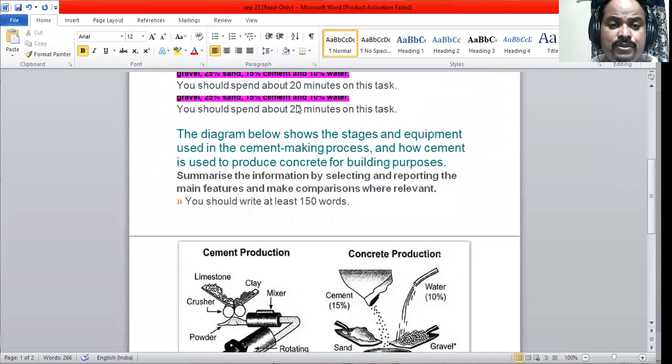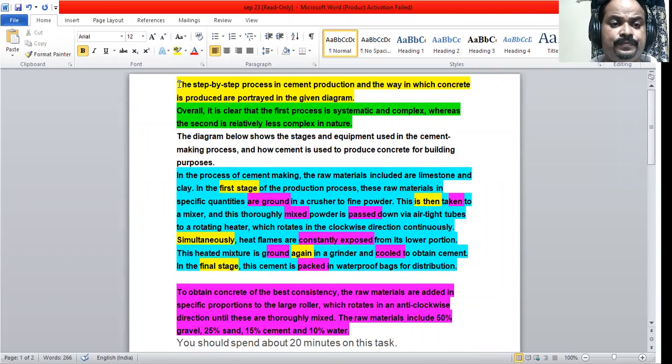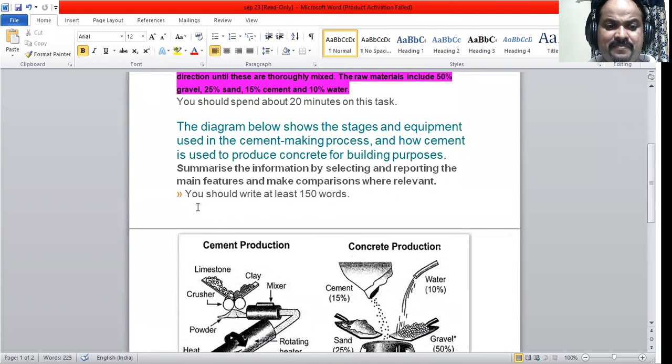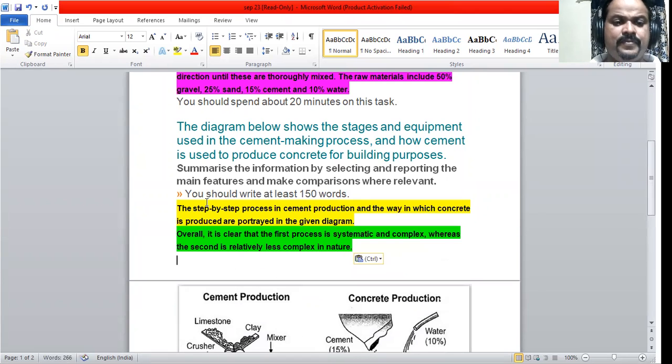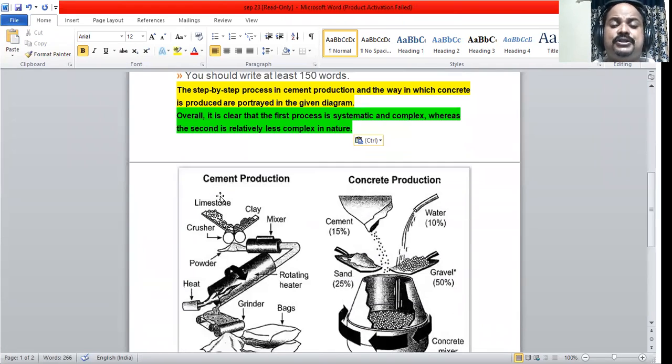Answer. Let's go with the introduction here and the overview. The step-by-step process in cement production and the way in which concrete is produced are portrayed in the given diagram.